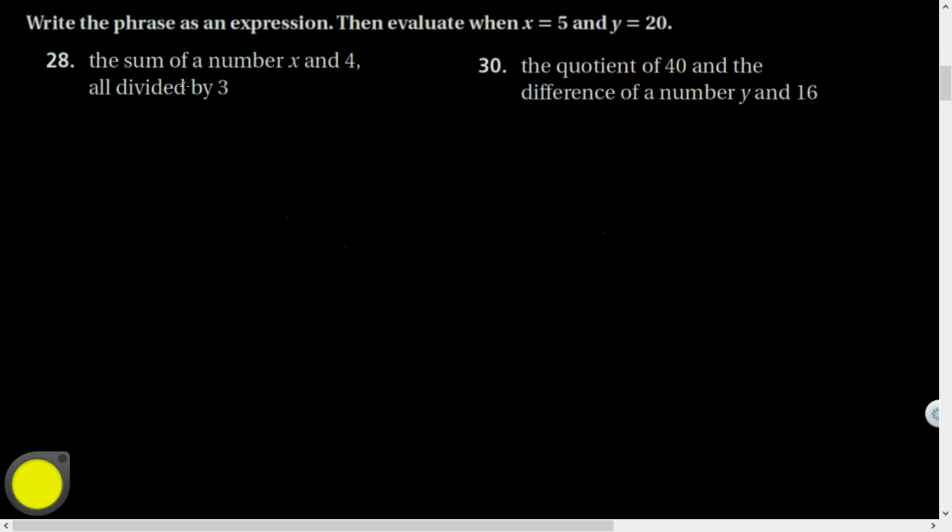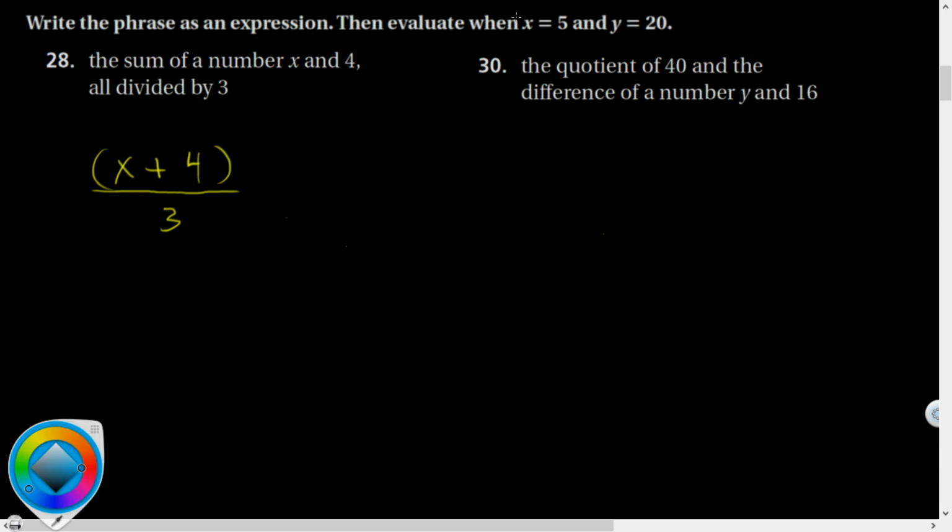All right, here's some good questions. Number 28. Let's see how I interpret this. The sum of, so that means plus within parentheses, of a number X and 4, all divided by, actually this is a helpful word right here. I technically didn't need this word because the sum already indicated to me that the addition was going to happen before the division. But it says all divided by, that's a way to make it extra explicit, divided by 3. And then they said we were going to evaluate when X was 5 and Y is 20.